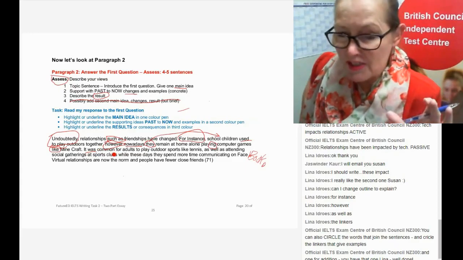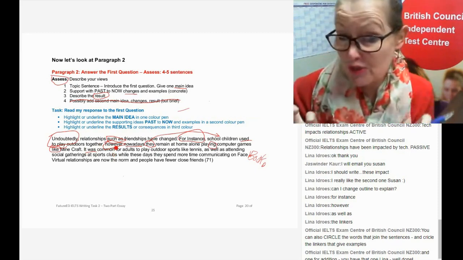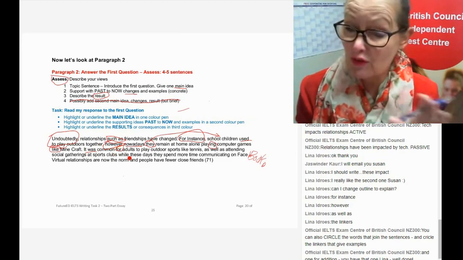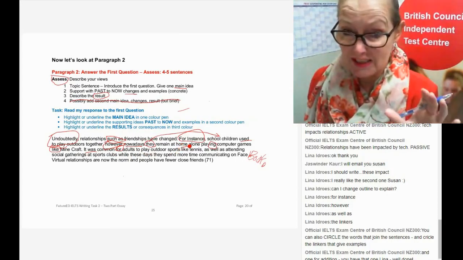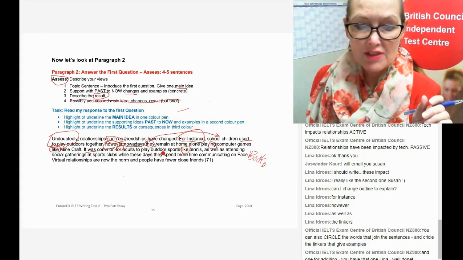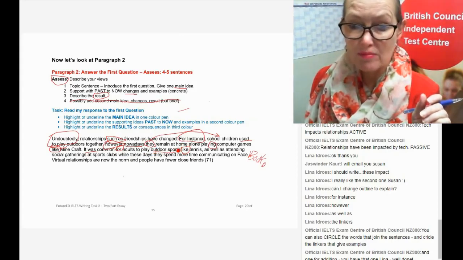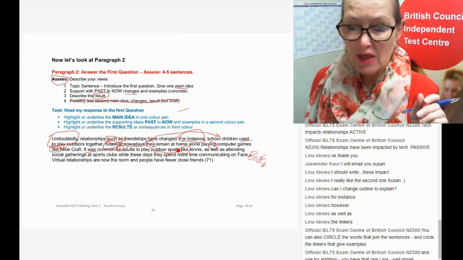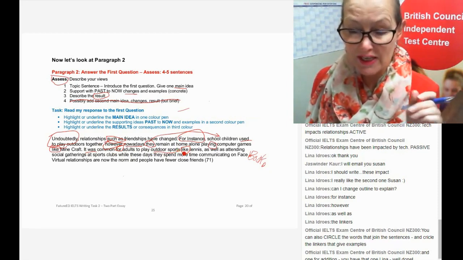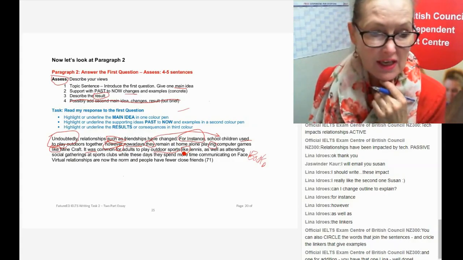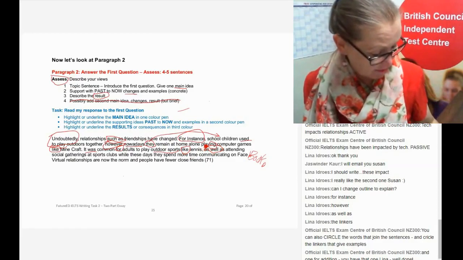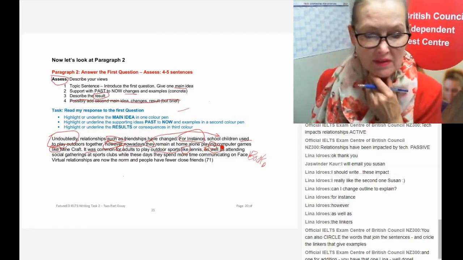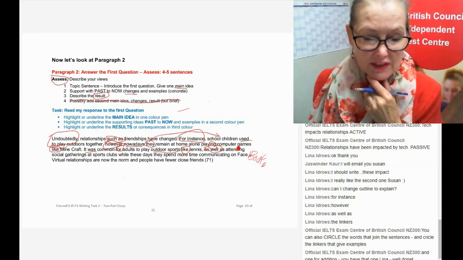Not always that easy to use, especially if you're talking about two different people in the same sentence. It can often refer back to the wrong person. So you have to be careful to keep your meaning clear there. So however, nowadays, they remain at home alone playing, and there I'm using my gerund, playing computer games, and like. I'm giving another example, like Minecraft. So I'm using quite a lot of linkers.